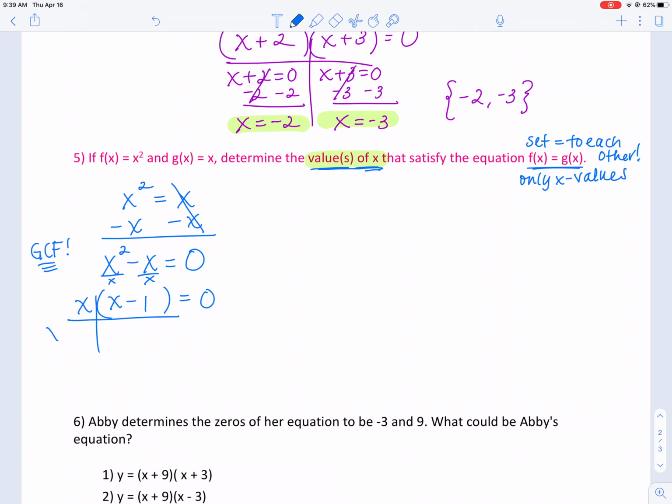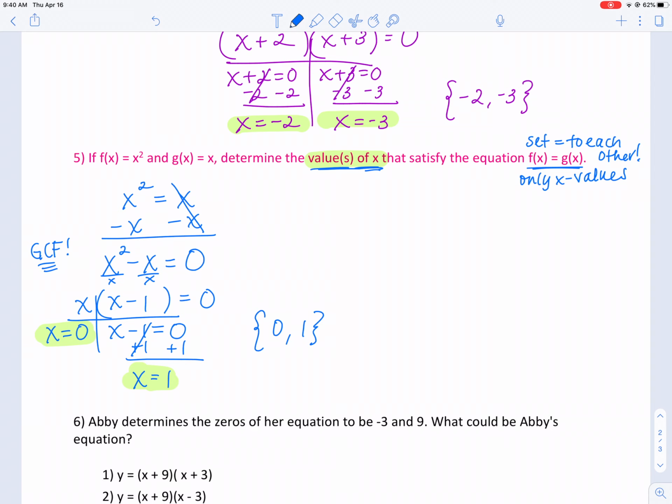Set your two factors, x and x minus 1, equal to 0. This one is done. One of your solutions is x equals 0. This one I have to move the 1 to the other side, and x equals positive 1. So you, once again, have two solutions, 0 and 1.